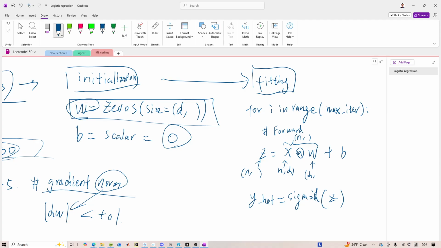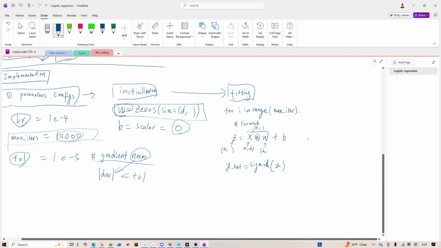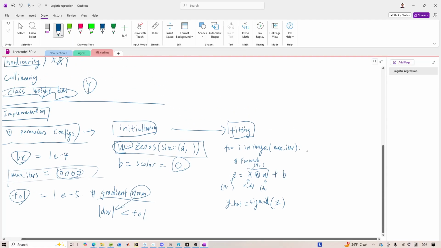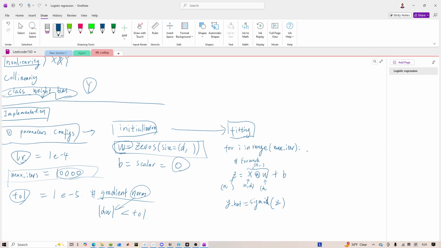And here, after initialization, we could think about another step that is called utility function or supporting function, right?